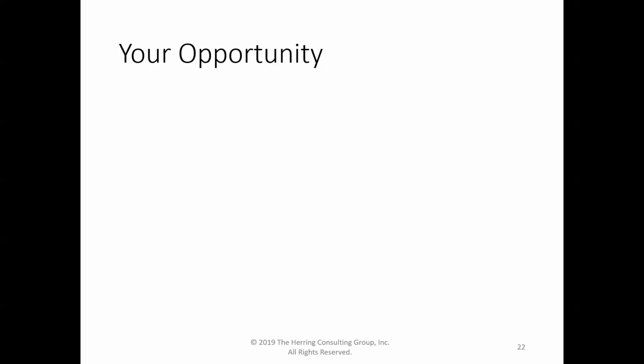Now it's easy for us to get lost in the minutia of pricing, and we're going to get down into some minutia here. We're also going to do some high-level discussions, so don't get scared away. But I want to frame this in the context of opportunity.